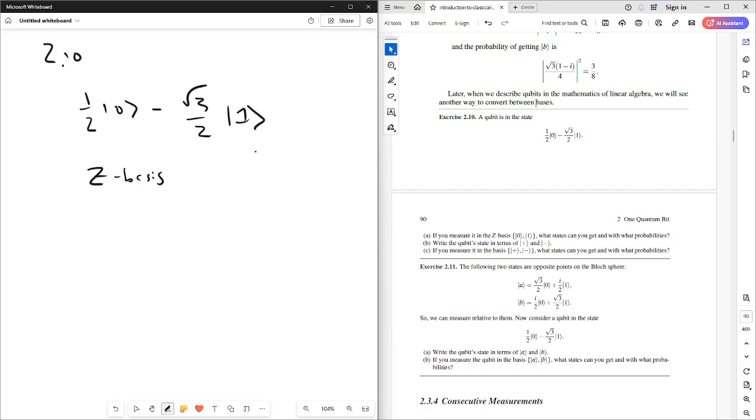We're already in the Z basis, so we'll just take the norm squares of the amplitudes. We'll wind up with 1/4 and 3/4 respectively for state 0 and state 1.